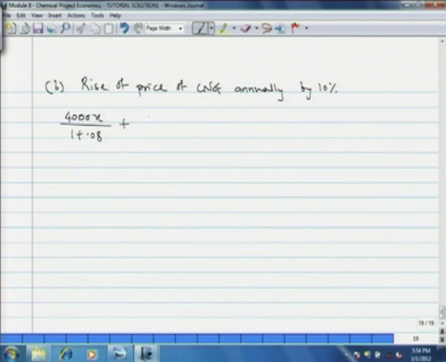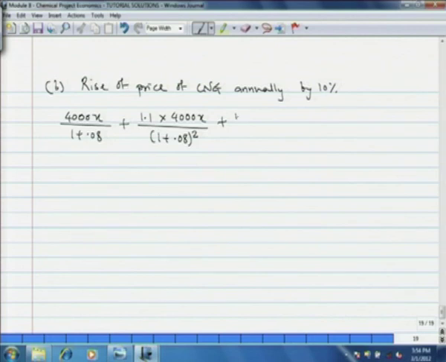In the second year, the price is going to rise 10%. So, we have to multiply the earnings of the second year by 1.1. The denominator is 1 plus I square. In the third year, 10% again over 1.1.